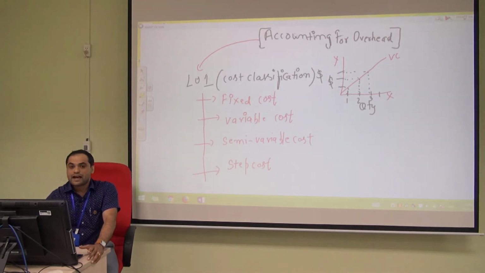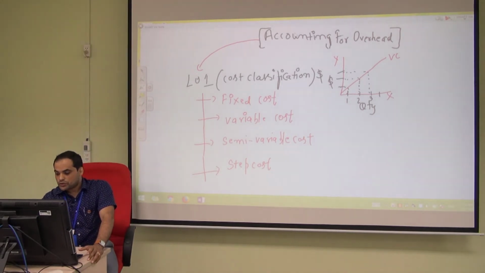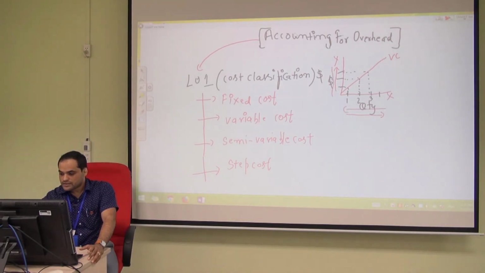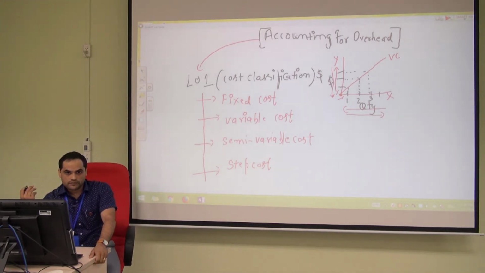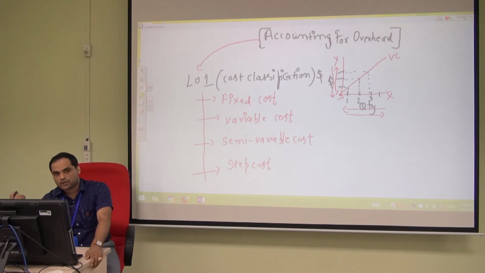So the idea is that quantity increases, cost increases. Quantity decreases, cost decreases. You do not produce any product at this point, no production, no cost. So that is the graph of the variable cost.